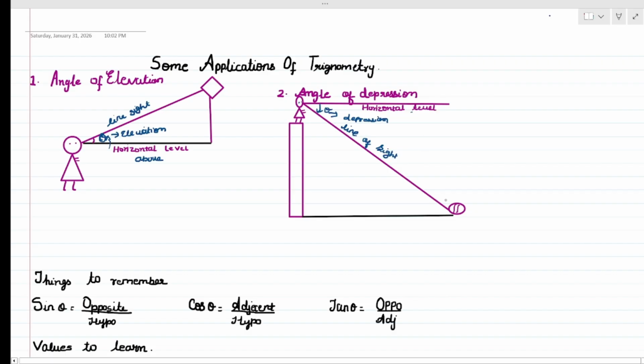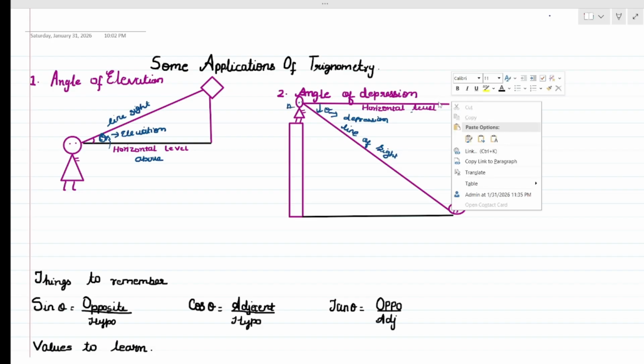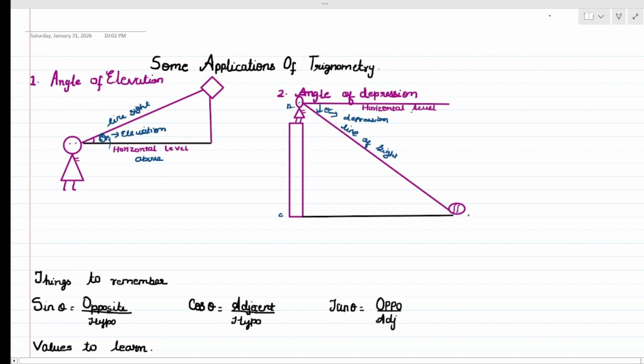Now this type of figure does not form a triangle. So for making a triangle, as you have studied in an earlier standard, suppose this is my line AB and this is my line CD. Both of them are parallel lines and this is my transversal.